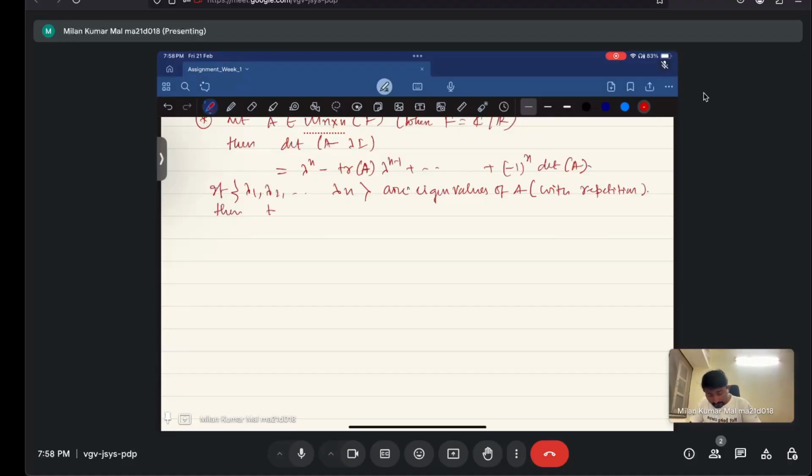Then the trace of the matrix A is equal to the summation of lambda i, i equals 1 to n, and the determinant of the matrix A is equal to the product of lambda i, i equals 1 to n.